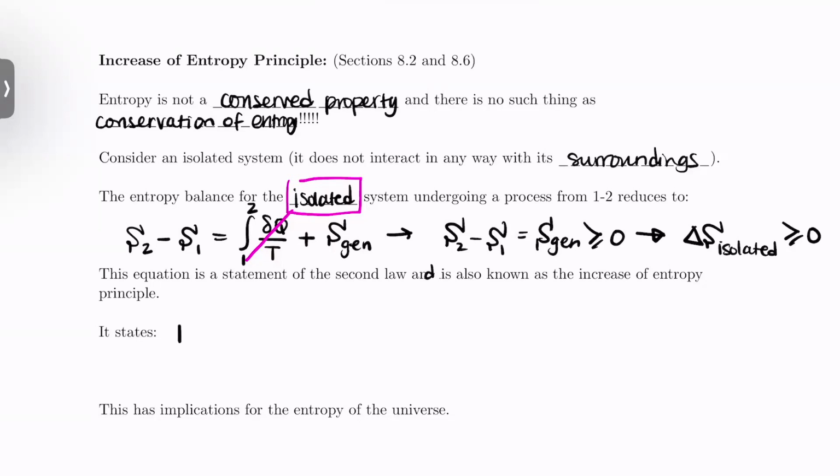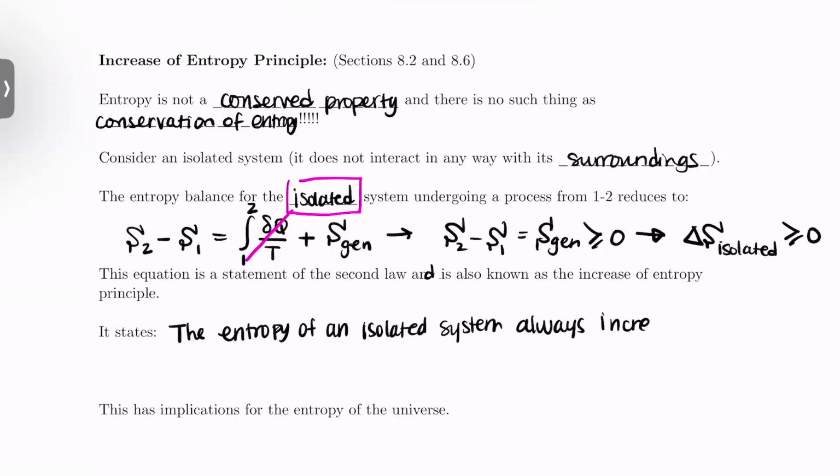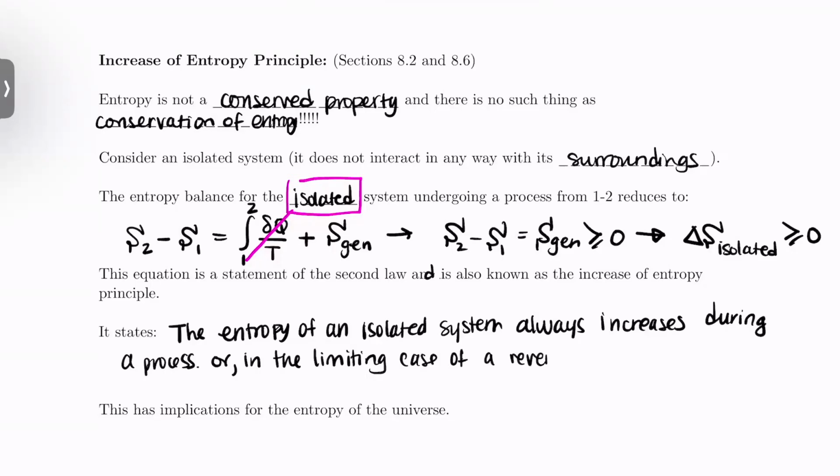It states the following: the entropy of an isolated system always increases during a process, or in the limiting case of a reversible process, it remains constant.